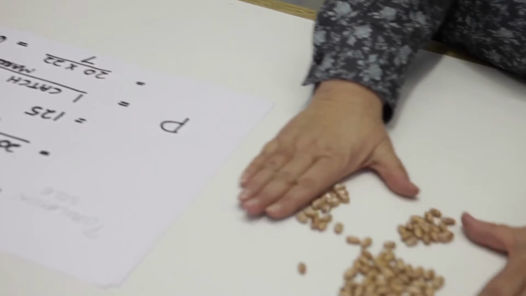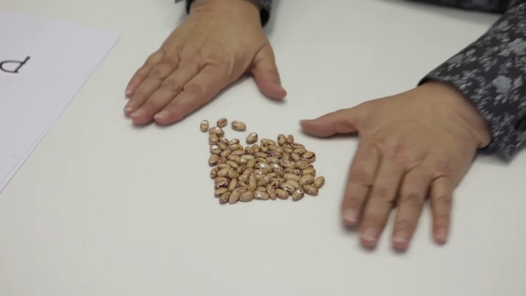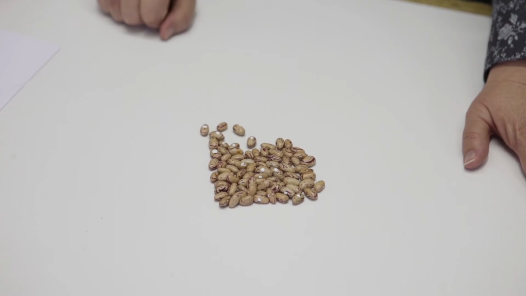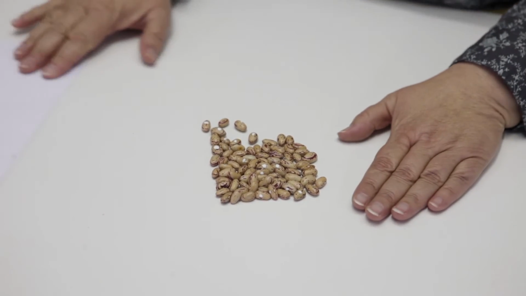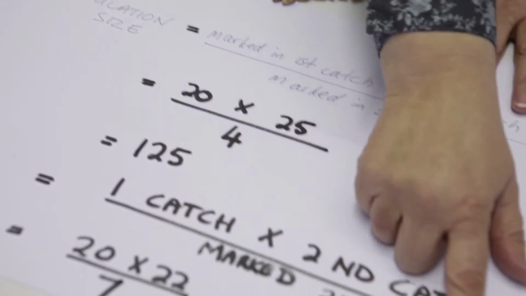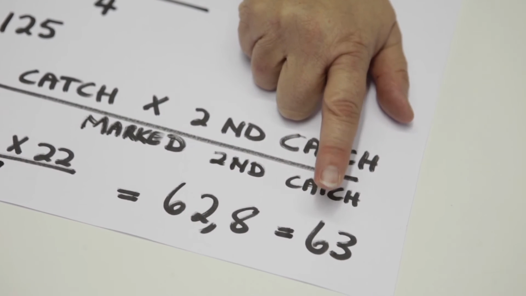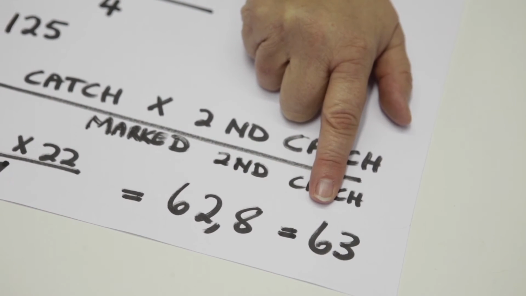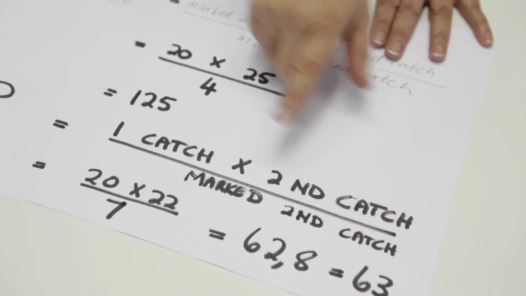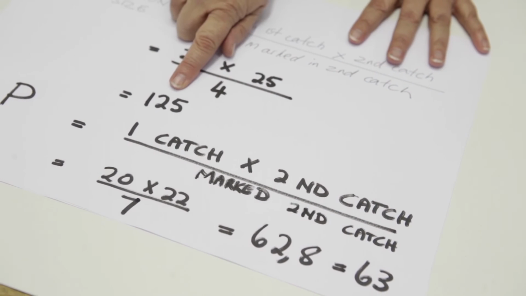And so we can continue until we get an average that we can be more or less sure of. Now, our two numbers that we had were 125 and 63. Ideally, I should do it a third and a fourth time, not because I know how many beans there are, but because there's such a huge difference.